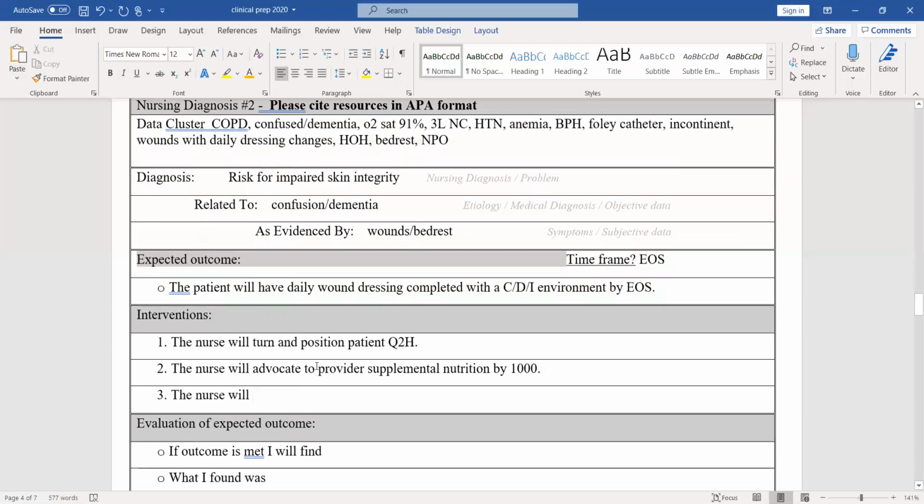And let's see, we're turning and positioning our patient. The nurse is going to change the wound dressing. The nurse will change wound dressing per MD order by 11 o'clock.